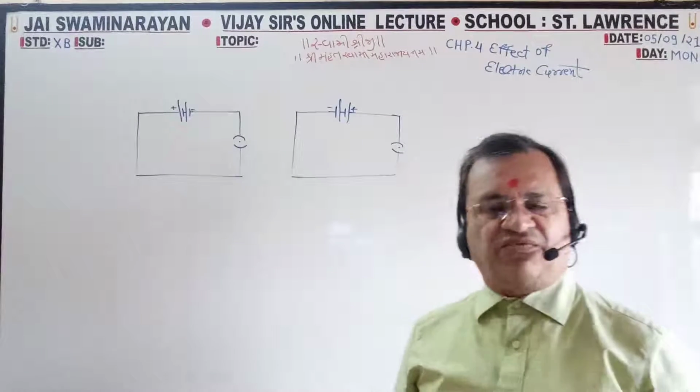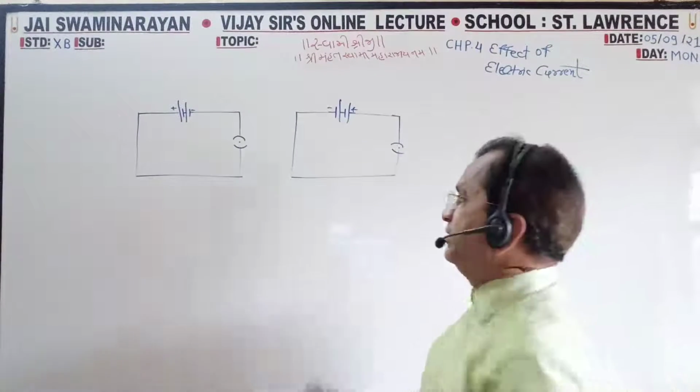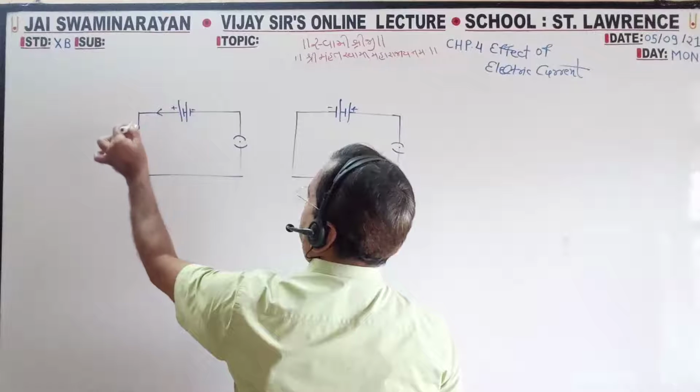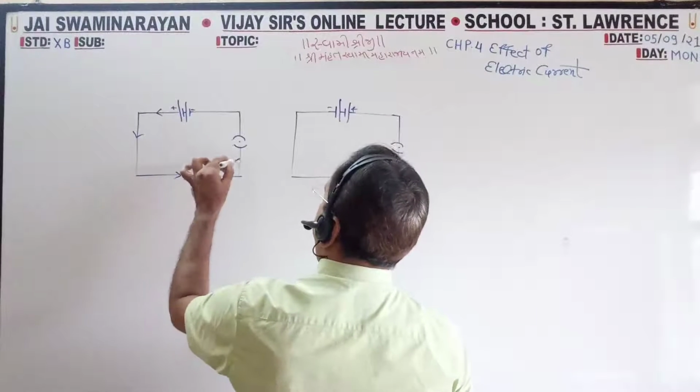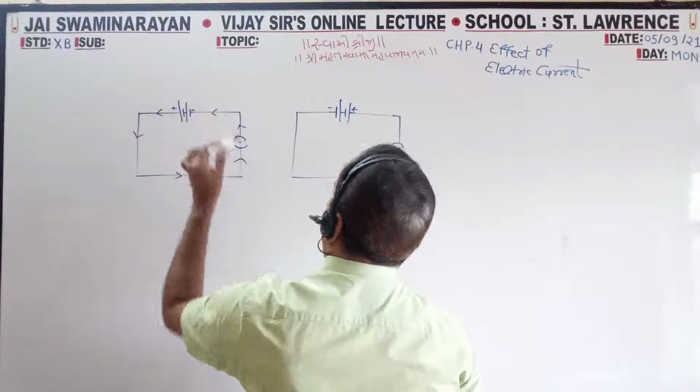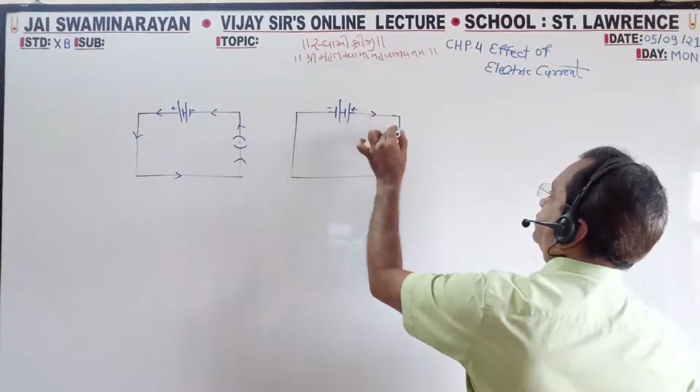Current always flows from positive to negative. So this is positive, so this side.